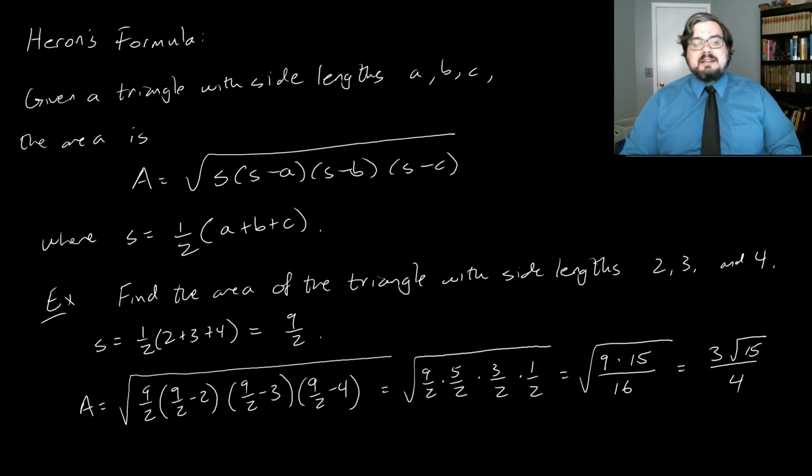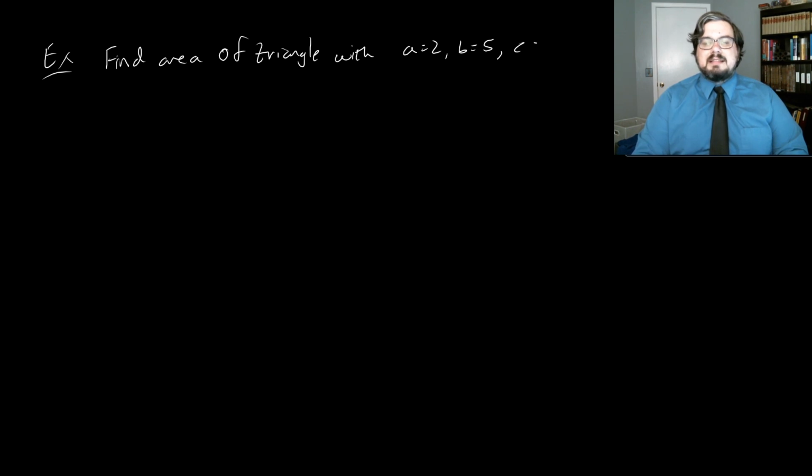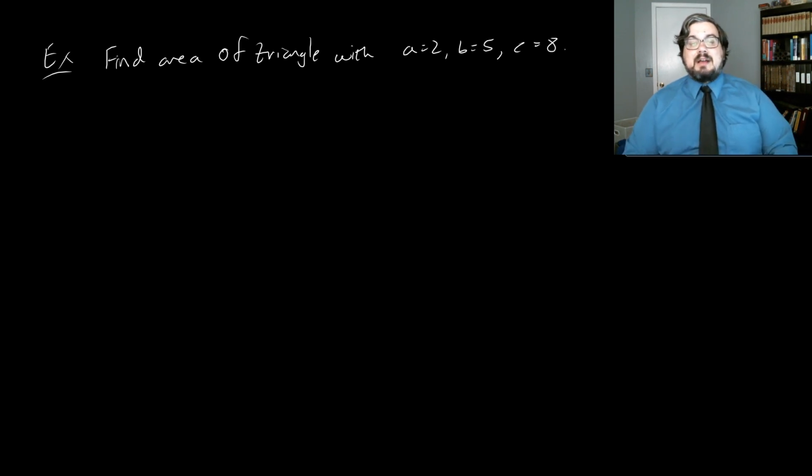As an interesting side note, let's look at what happens if we try to find the area of a triangle that doesn't exist. So let's try to find the area of the triangle with a equals 2, b equals 5, and c equals 8, the same triangle that we looked at before.